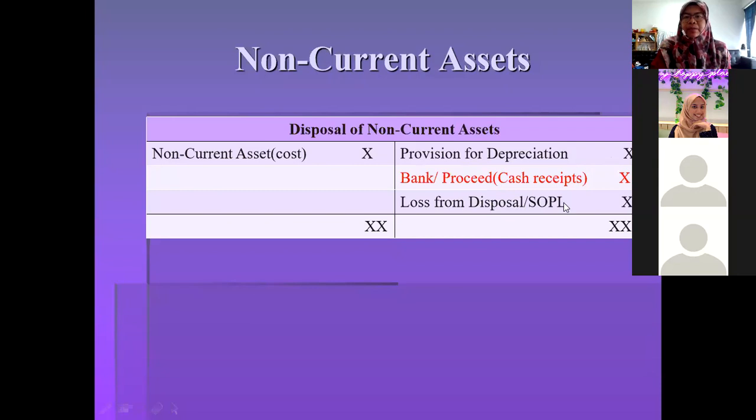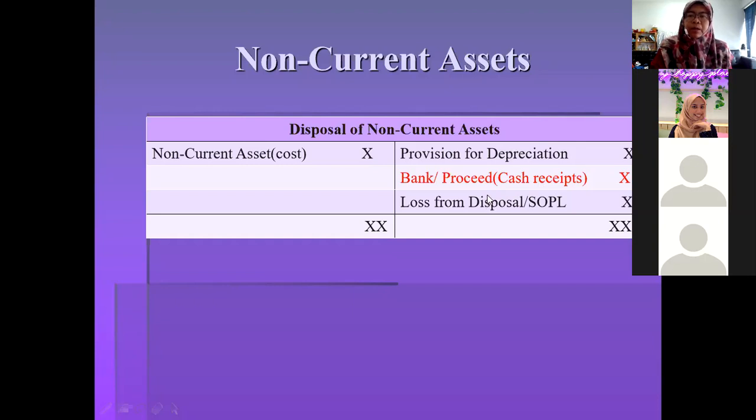This one depends. You have to refer to SOPL. So provision later, we are going to look at that. So loss from disposal ni, you have to look at the SOPL. Dalam SOPL cakap loss on sale of equipment 2,100. So kalau dia loss, dia ada kat sini. Why is it so? Tengok, kalau ini adalah SOPL, so kalau SOPL, T account format, debit meaning expense, credit meaning revenue.